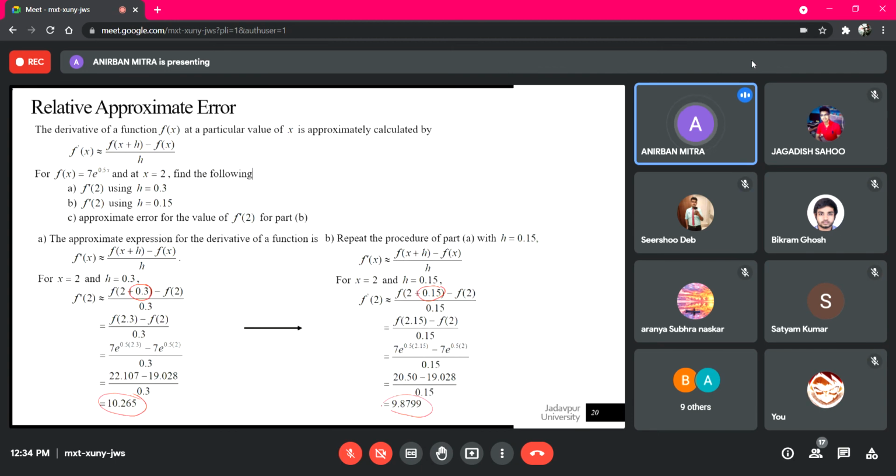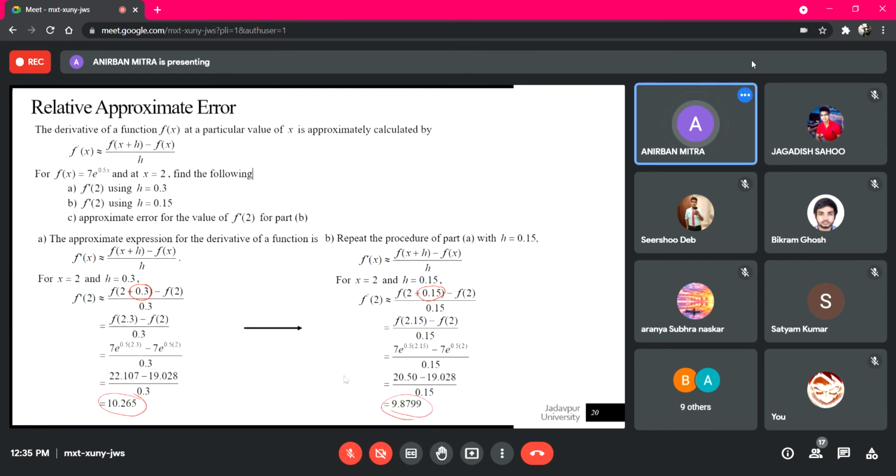It is 9.879. By reducing the step size, we have in fact approached the exact solution. Remember that truncation error reduces as we go on reducing the value of delta x or h here. So that is what has happened exactly. We have reduced the error from the previous step.